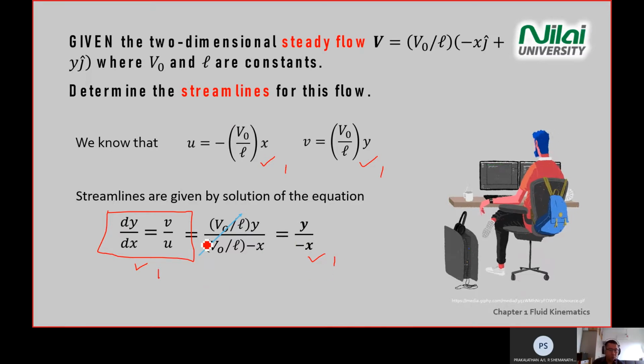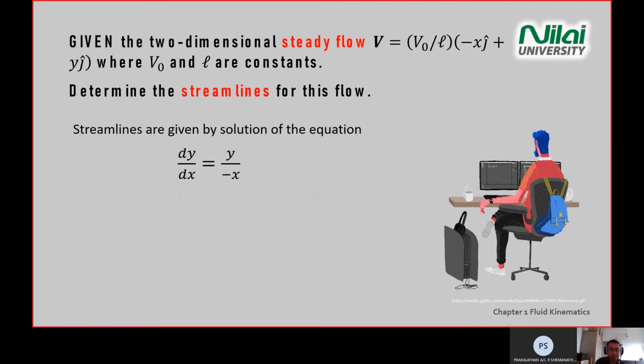Then after that, we will integrate this equation. Then we will get the streamline, because our streamline actually is a linkage of many points on the streamline itself. So just now we arrive at this equation, dy over dx equal negative y over x.